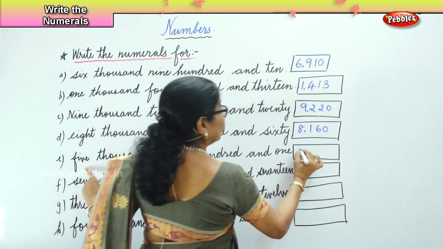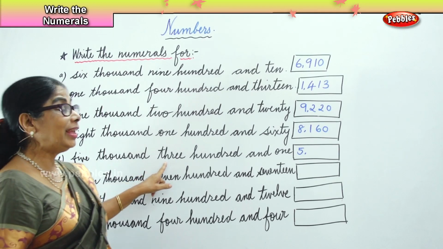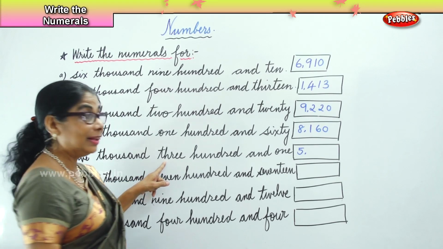Next. 5,000. You put the 5,000 first. 301.